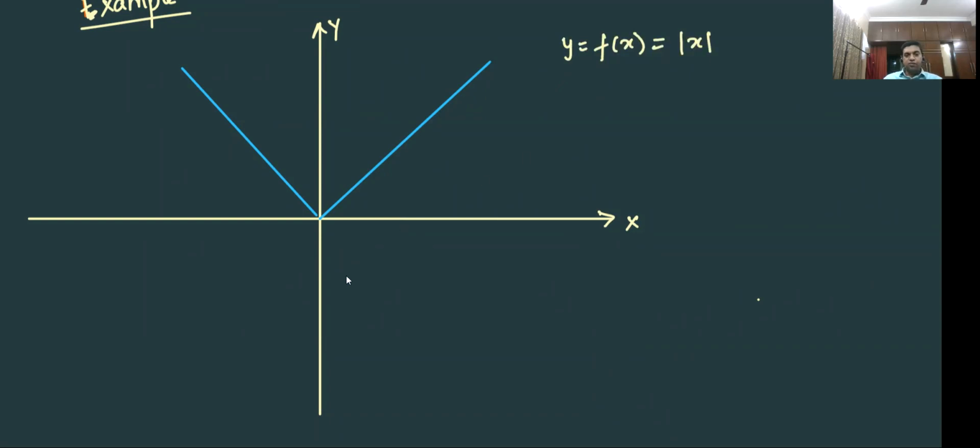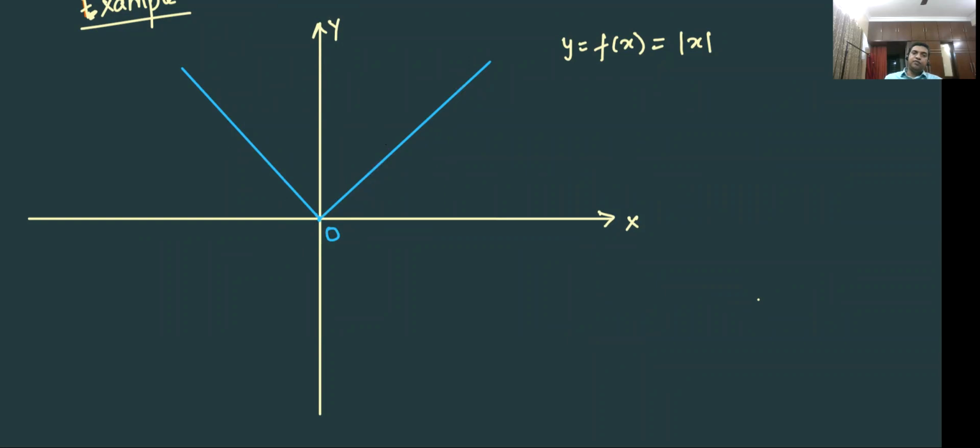Now we want to find, you see here at the origin there is an abrupt change in slope. You have a sharp corner. Just by seeing this, you can say that the function is not differentiable at this point.